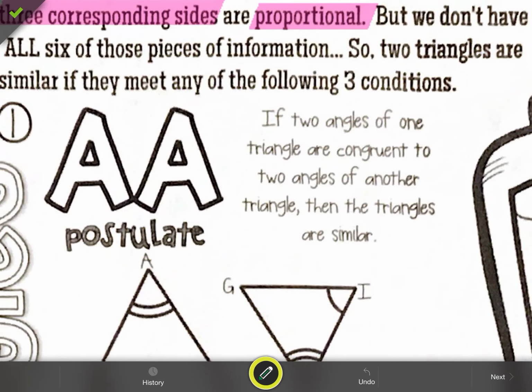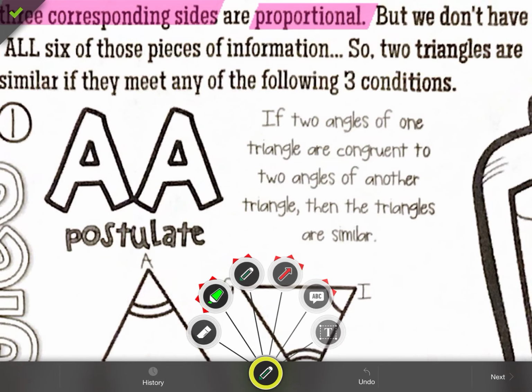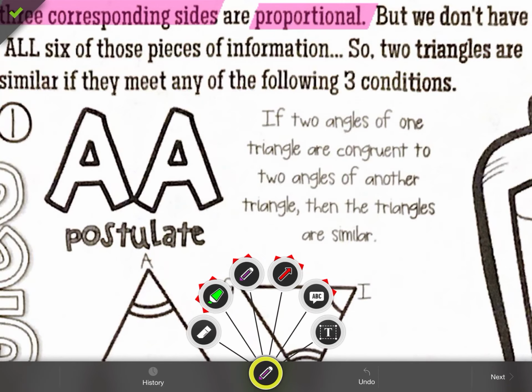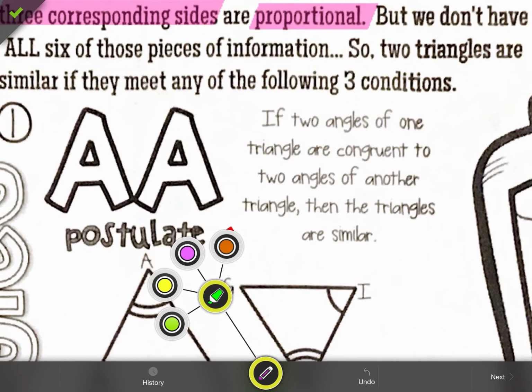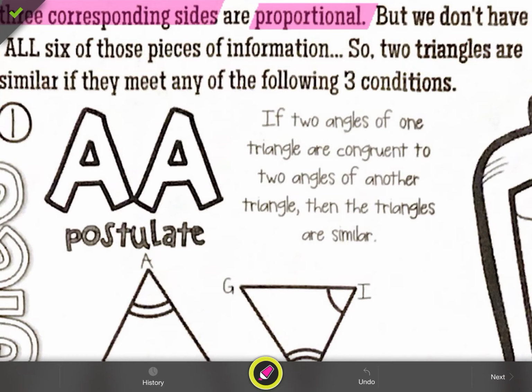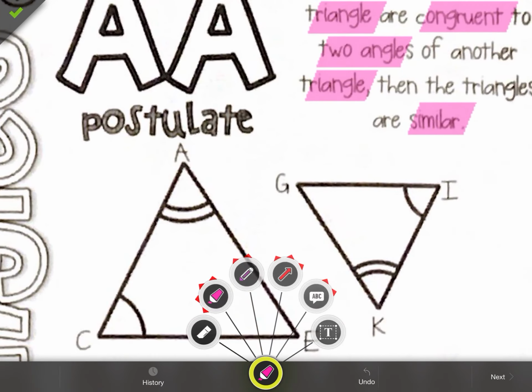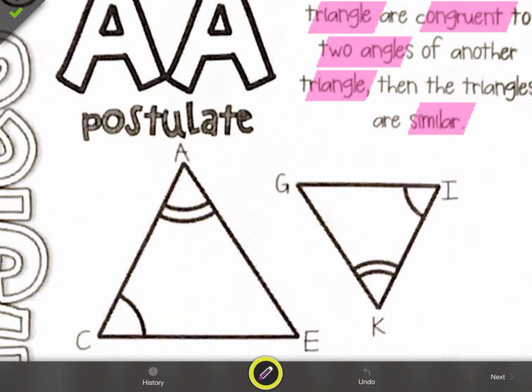If two angles of one triangle are congruent to two angles of another triangle, then the triangles are similar. So even though we're talking about similar, your angles are still going to be congruent. So two angles of one triangle congruent to two angles of another triangle, then you can say they're similar. And you just got to look for them, just like we did.